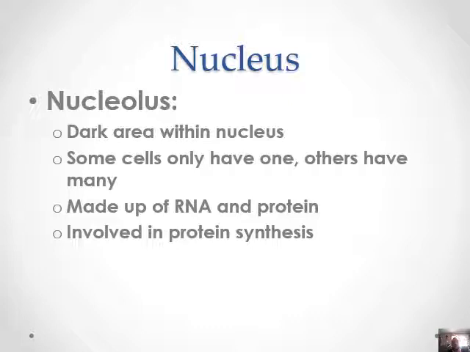A gene is a short piece of DNA or short segment of DNA that codes for very specific characteristics. So the DNA holds the code, RNA is made off of that code, and then the RNA is read by a ribosome, and that is what makes protein. So this is protein synthesis, which only arrives in matric, so we're not going to go into the nitty-gritties of that. And then finally, it's involved in protein synthesis, which I kind of explained already.